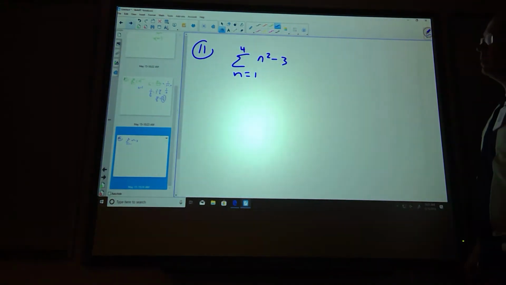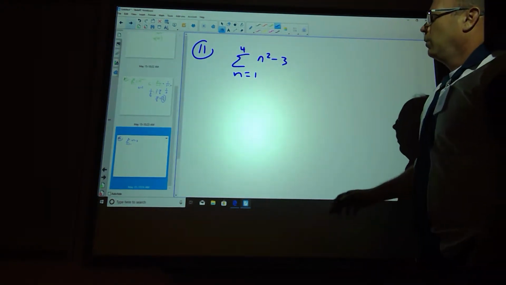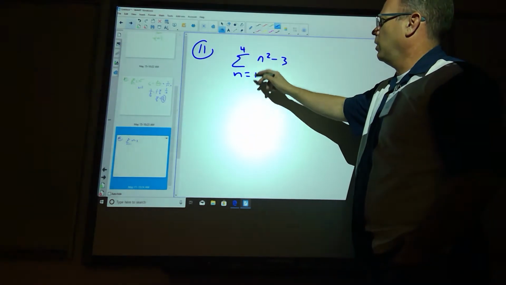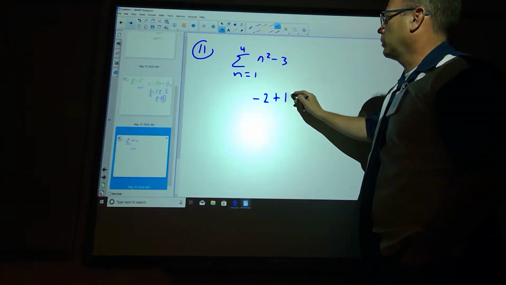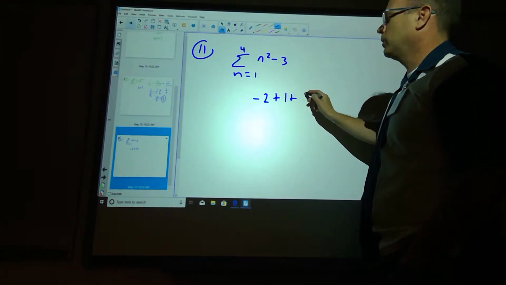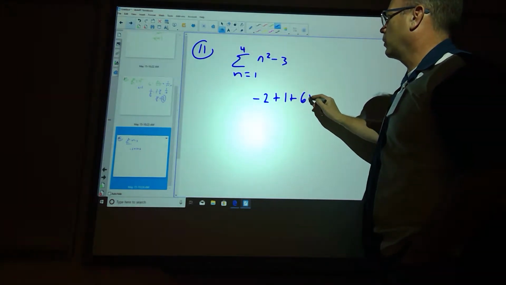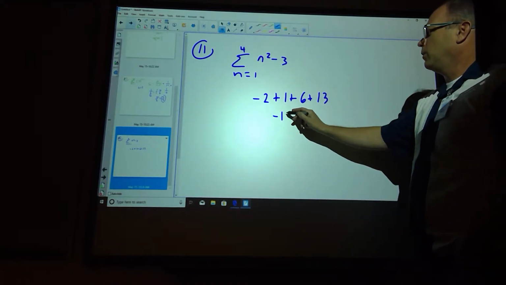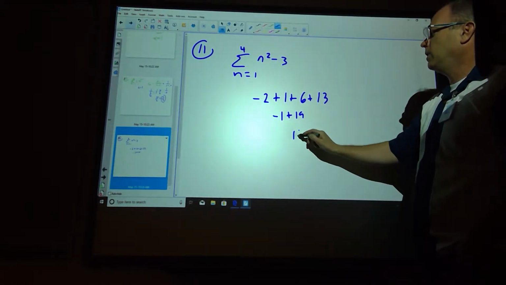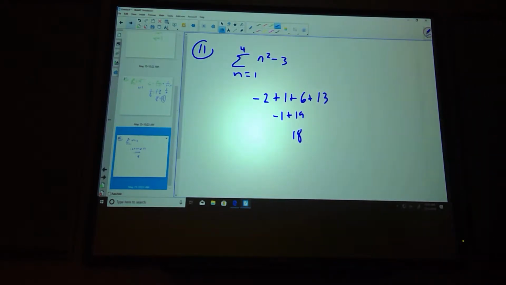Oh, it could be arithmetic. We could do it this way. So 1 squared minus 3, 2 squared minus 3, 3 squared minus 3 is 6, 4 squared minus 3 is 13. So that's going to be -1 plus 19, 18. And the reason I just didn't plug into the arithmetic was there was only a handful of them.